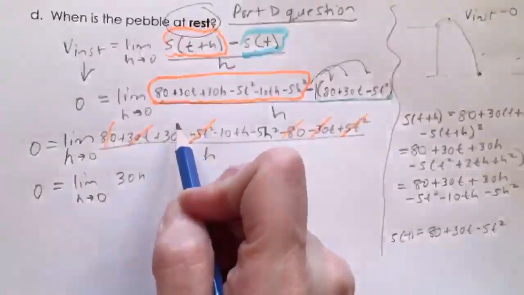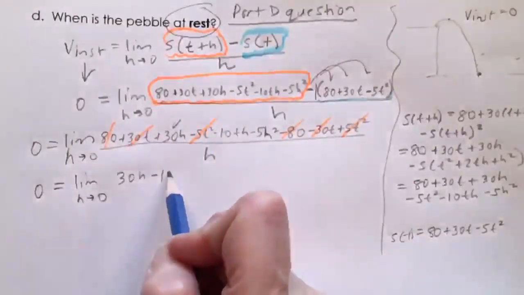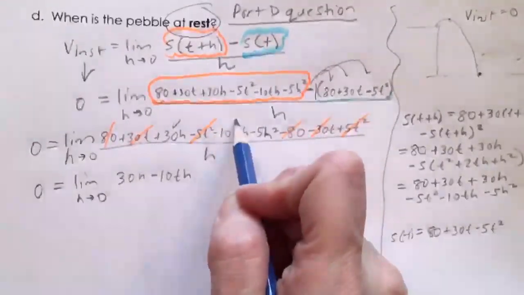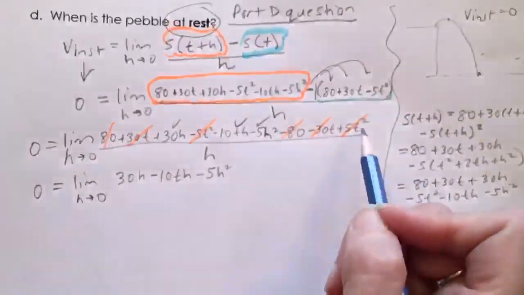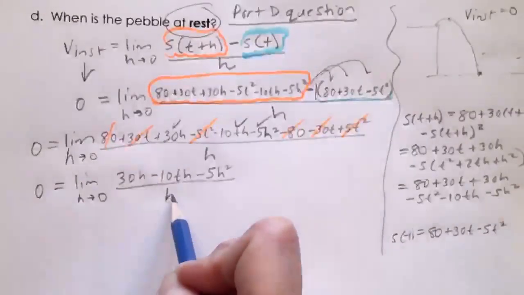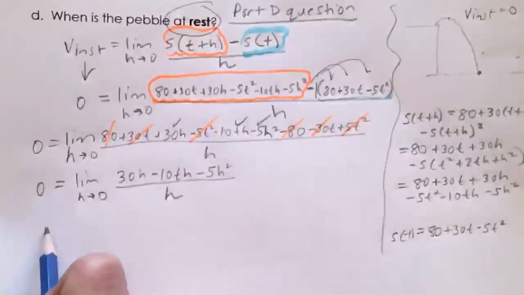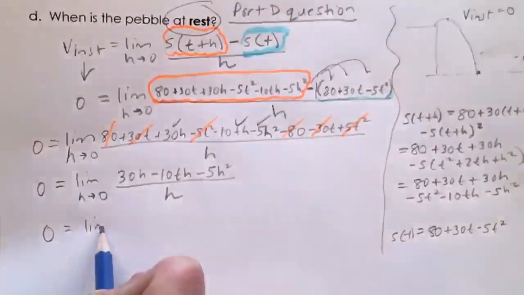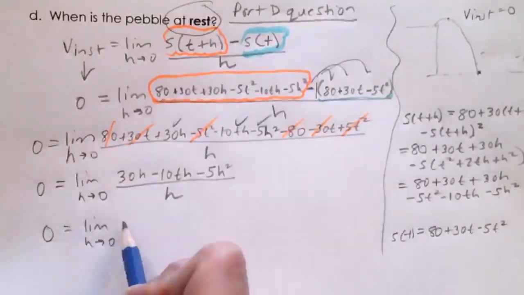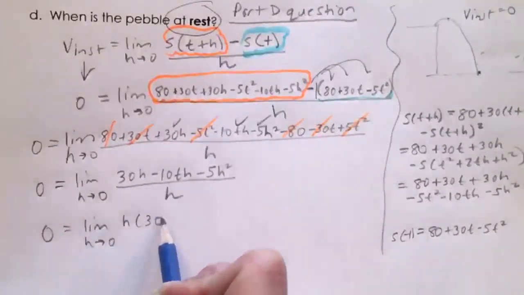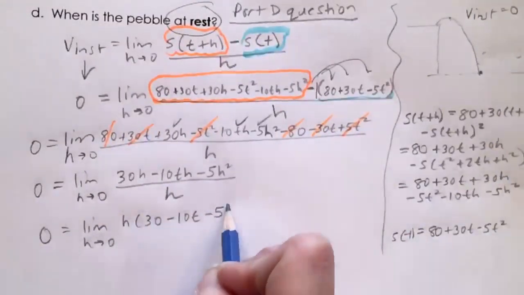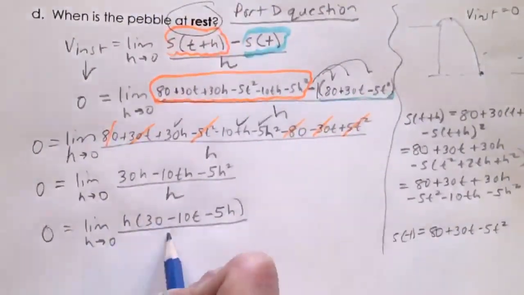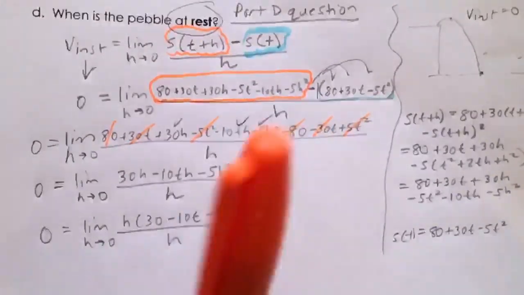And then what we're left with is 30h minus 10th minus 5h squared over h. So all of those terms in the numerator have an h in common, so we can factor h out so that we can divide out that problematic h.